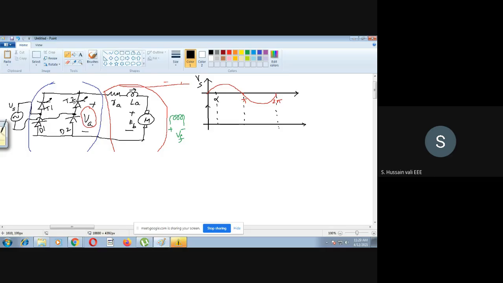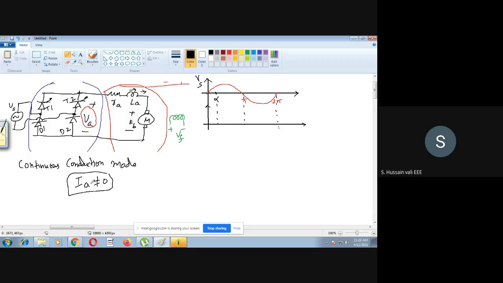So when you trigger thyristor number 1 at alpha, in the continuous conduction mode, Ia is never equal to 0. So Ia is always flowing in this direction. That's the meaning of continuous conduction mode.